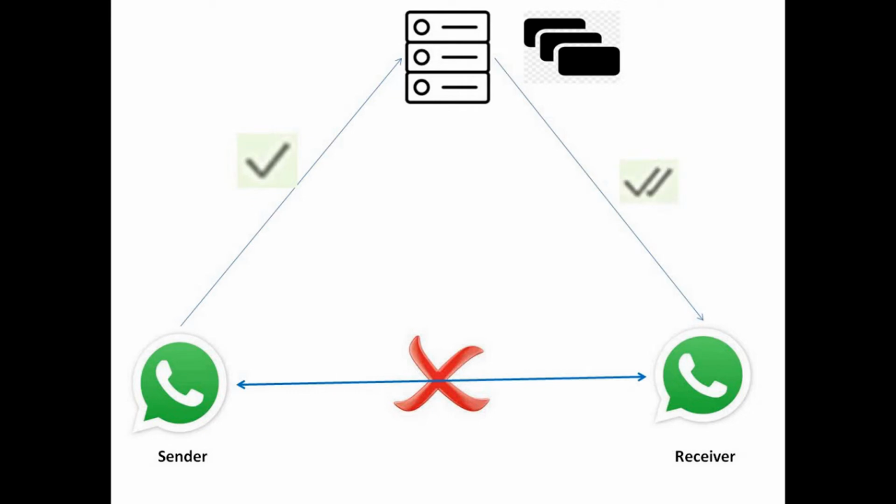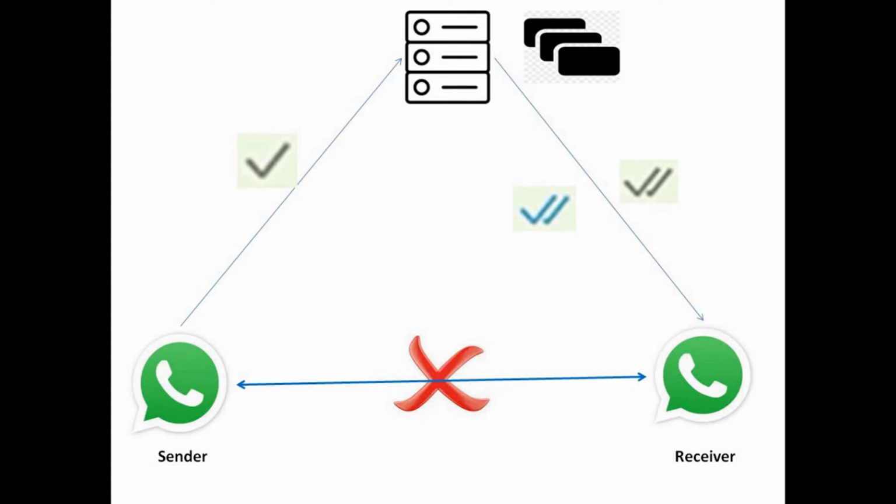As soon as the message is delivered to the receiver's WhatsApp, it will be stored in their phone memory, and your message will be deleted from the server. This is one of the important points: your message will not be in the server anymore once it is delivered. Till the time it is not delivered, it will be in the server. Once the receiver sees the message, you will see the double tick.